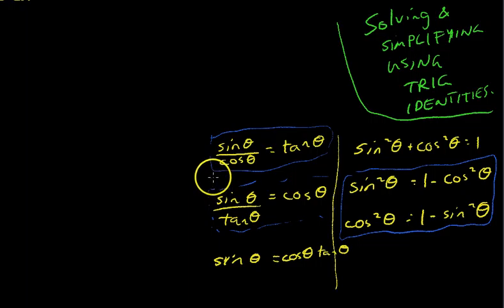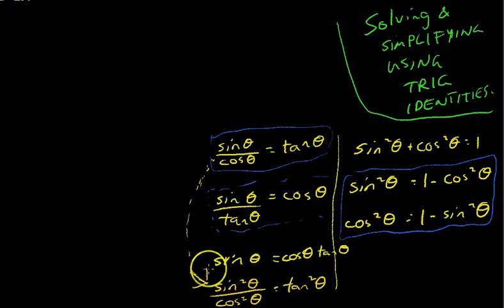Before I do that, I probably just need to draw your attention to one more. It's related to this one here. If sine theta over cos theta equals tan theta, then it must be true that sine squared theta over cos squared theta equals tan squared theta. So there's another one, and that's actually a pretty useful one.